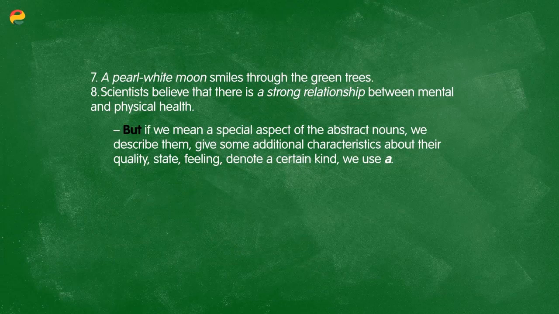Or scientists believe that there is a strong relationship between mental and physical health. Here, because we're describing abstract nouns and abstract ideas, we use a, especially if it's the first time we're mentioning them.